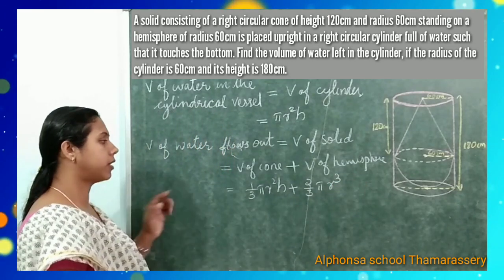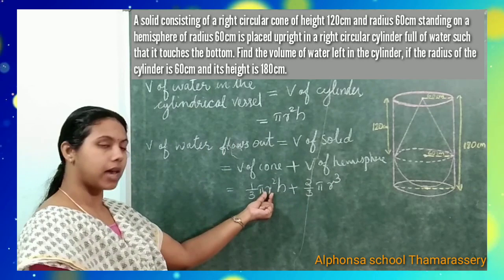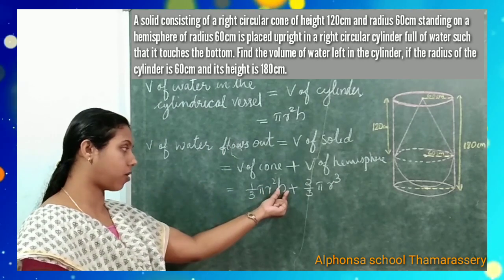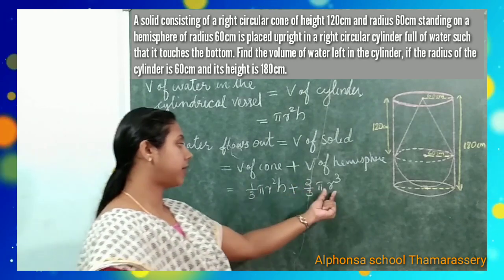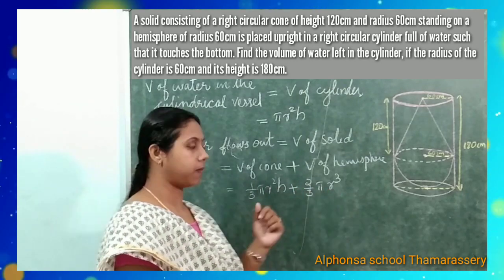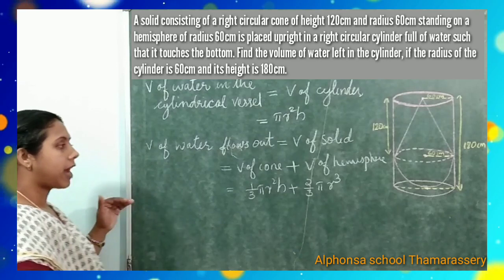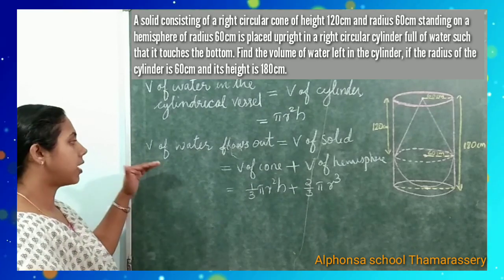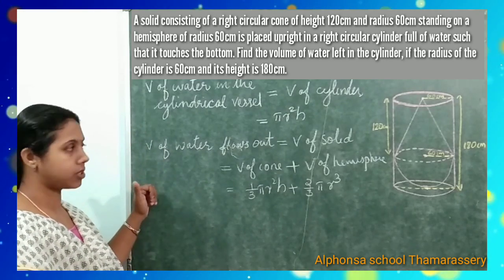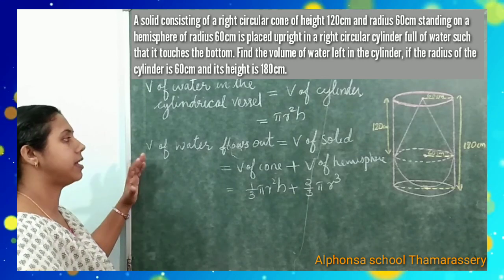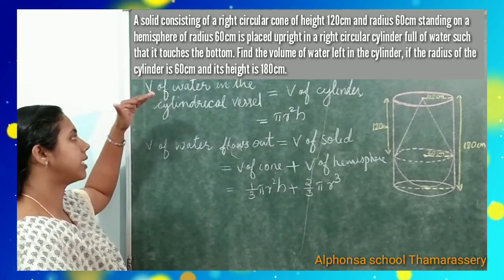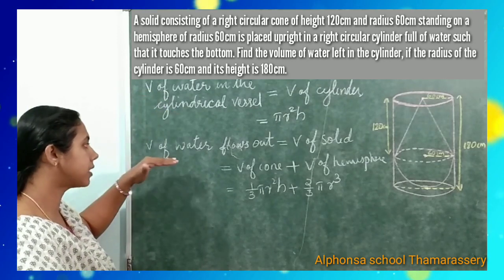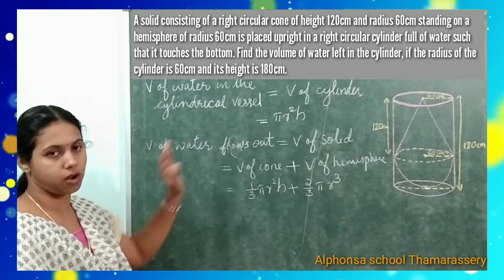Here also we know the height of the cone and radius of cone, and we know the radius of hemisphere. We want to actually find the volume of water left in the cylinder. So volume of water left in the cylinder is equal to volume of cylinder, or volume of water in the cylindrical vessel, minus volume of water flows out.